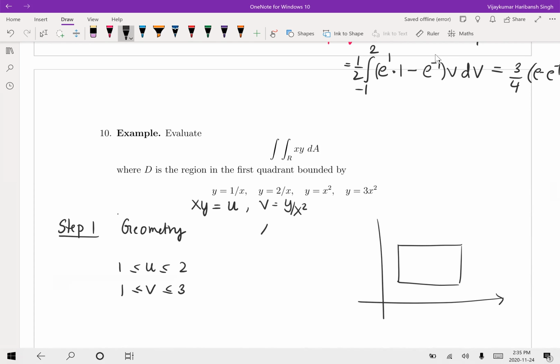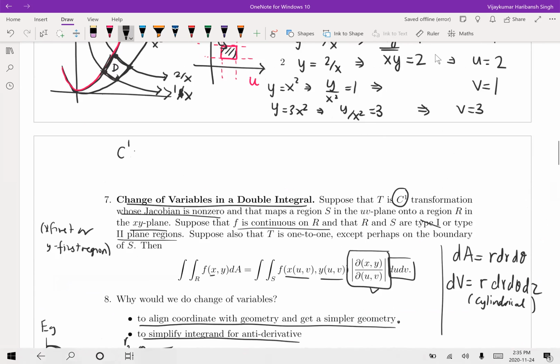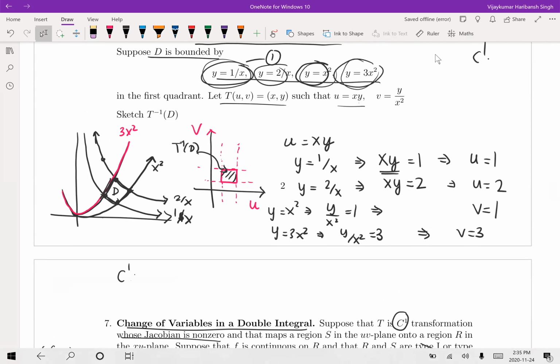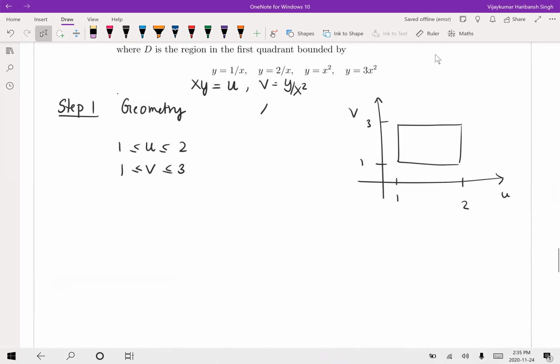So we got u between 1 and 2, and v between 1 and 3. This is what the region will look like: this side was 1 and 3, this was 1 and 2. So that's the first step. We got the geometry on the way.